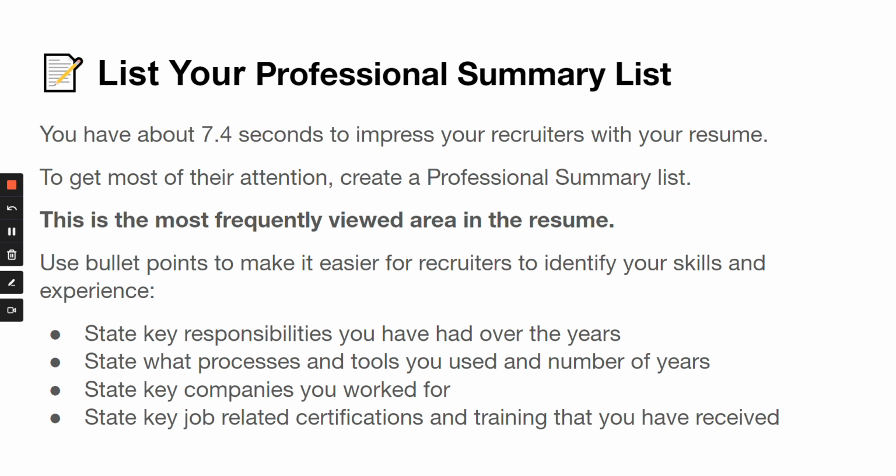The next thing is to think about the processes and tools you use, things like software and methodologies, for example agile methodology if you're a project manager. In other cases, what tools did you specifically use? What software did you use? Did you use Salesforce? Did you use Microsoft Project? Did you use AWS, right?